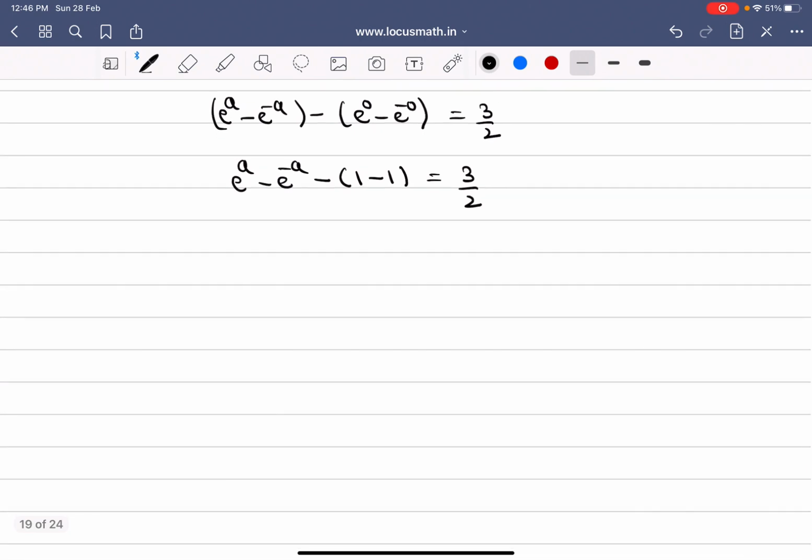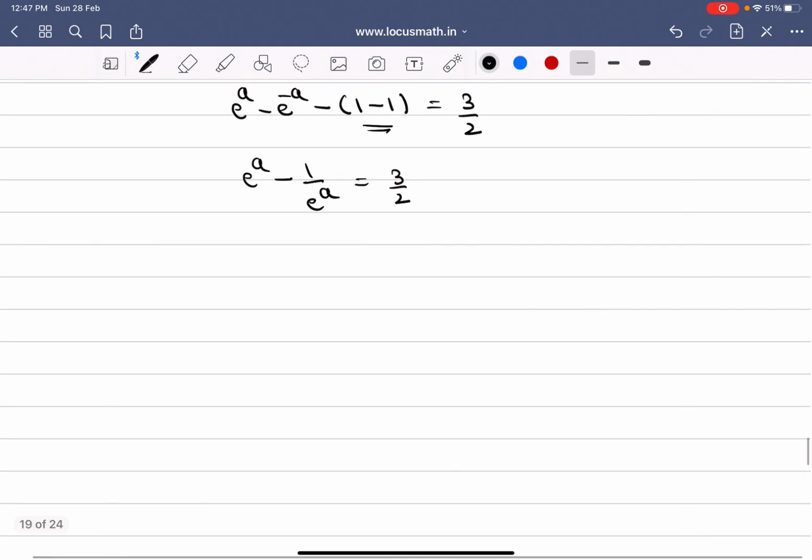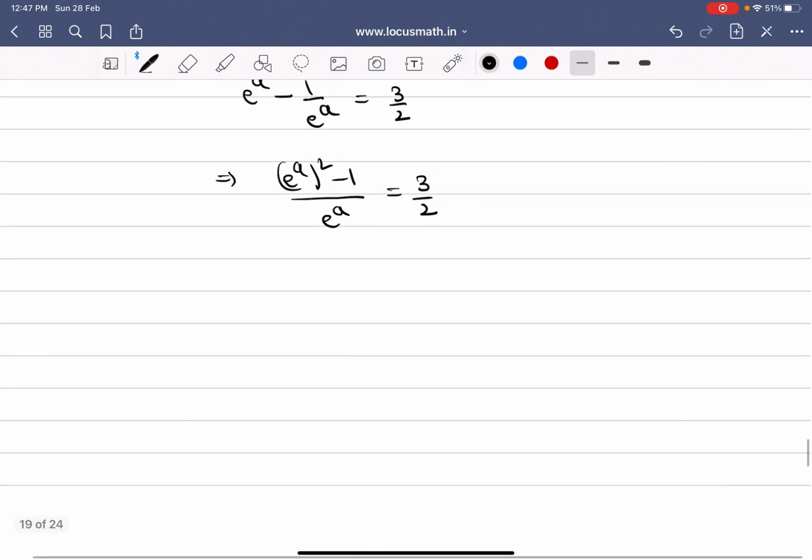This implies e^a minus 1 over e^a, this is 0, is equal to 3 by 2. This implies (e^a) whole square minus 1 over e^a is equal to 3 by 2.